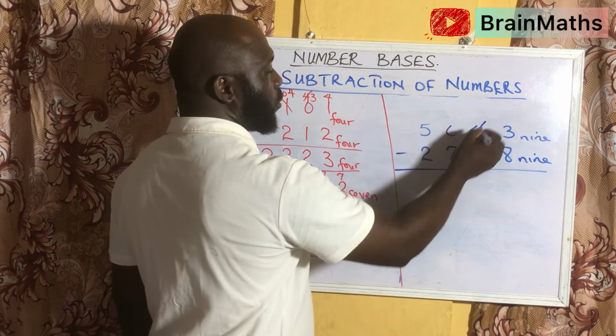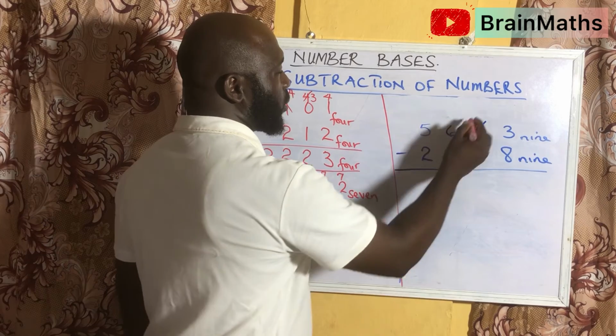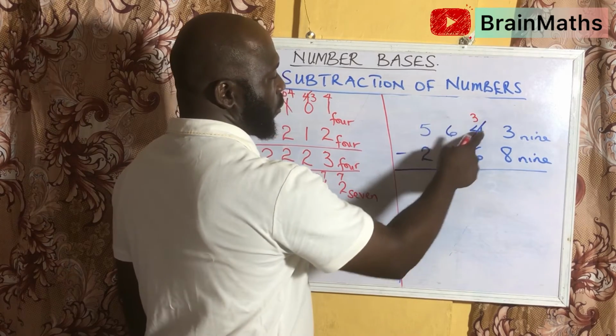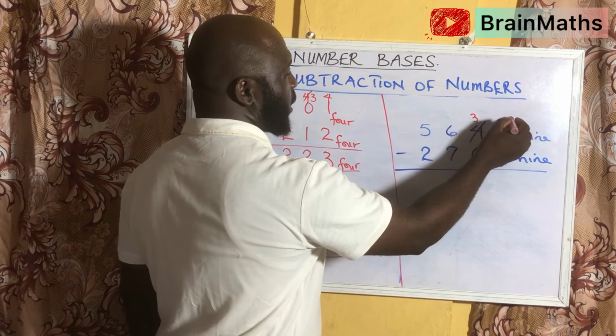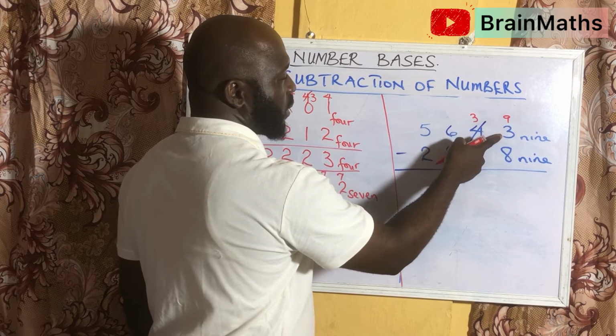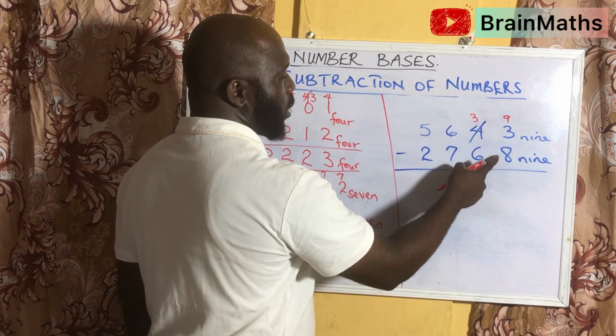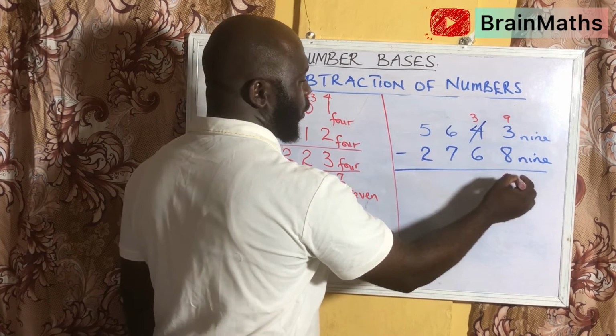We come to 4 to take 1. It remains 3. The 1 we have taken from here is 9. 9 plus 3 is 12. 12 minus 8 will give us 4.